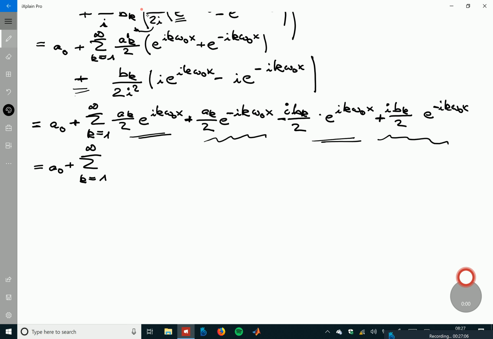complex exponentials, what we get is a_k divided by 2 e^(ik omega_0 x) minus i b_k divided by 2 e^(ik omega_0 x).